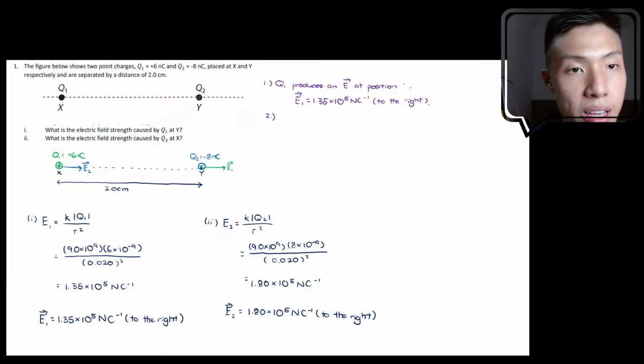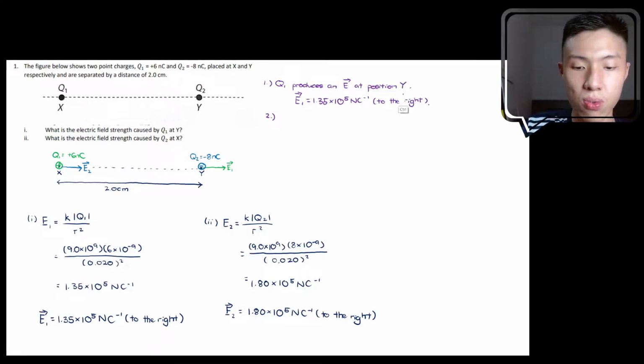Okay, Q1 is placed over here, so around Q1 there will be an electric field produced by Q1. So position Y is around Q1, so at position Y we have an electric field produced by Q1. So continue.